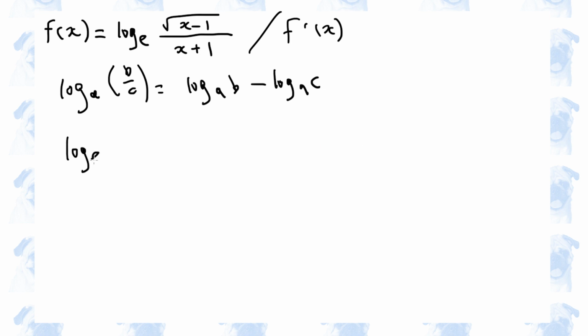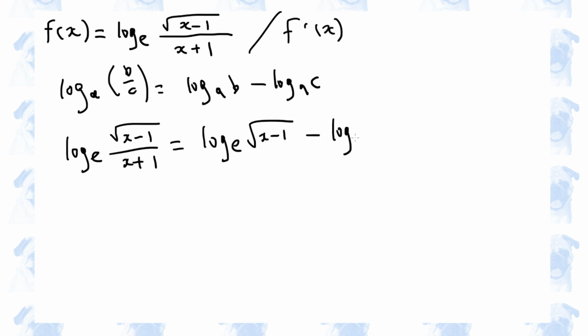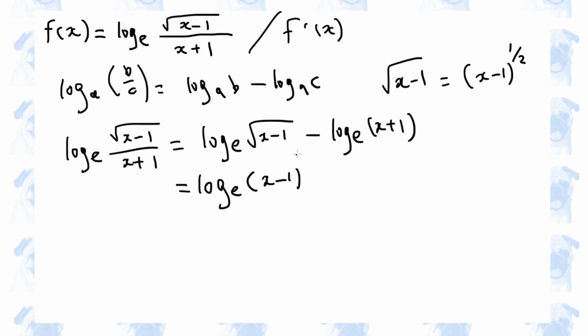So log base e of root x minus 1 over x plus 1 is log base e of root x minus 1 minus log base e of x plus 1. And root x minus 1 is x minus 1 raised to the power of a half. And the exponent can be moved to the front.